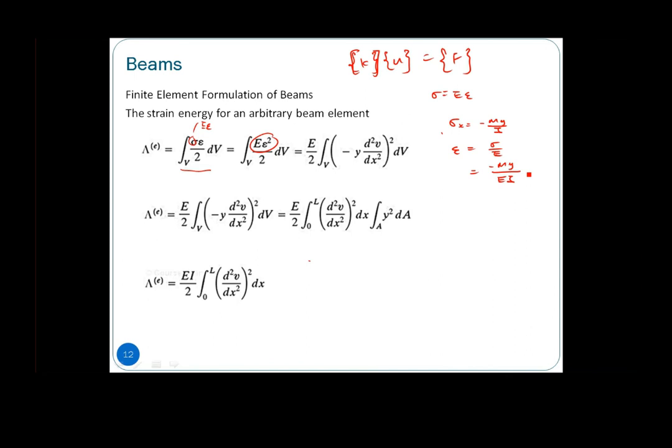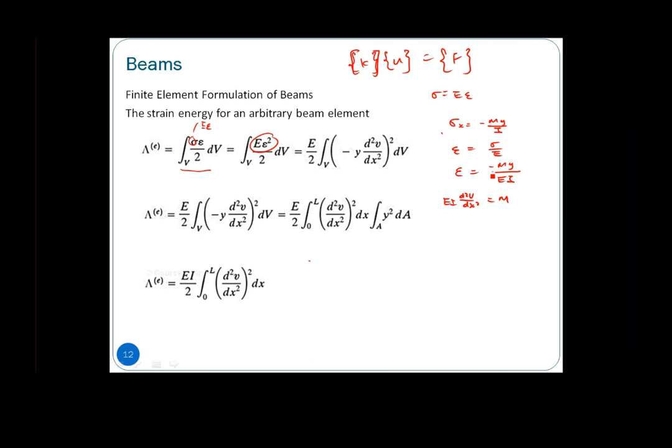Okay, so if you remember just now, in the first page, we have the relationship EI d2v dx squared equals our M, right? So if you can arrange everything, if we put this is our strain, right? So our strain itself is negative My over EI.